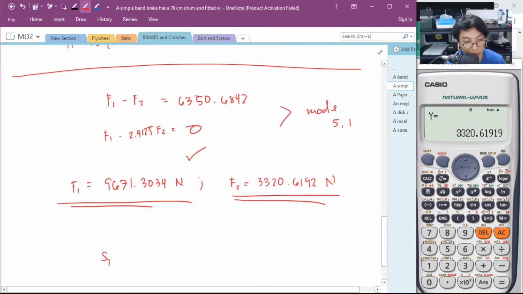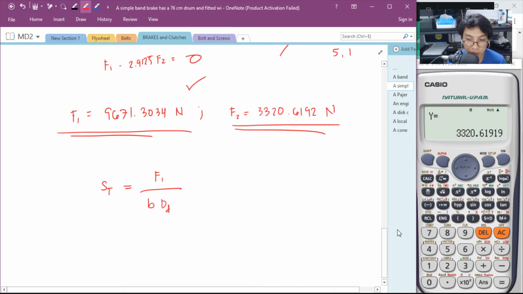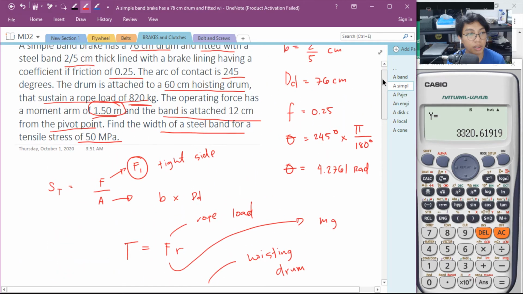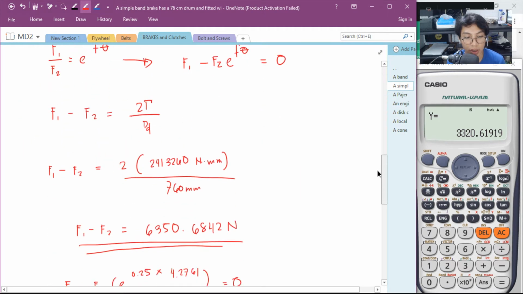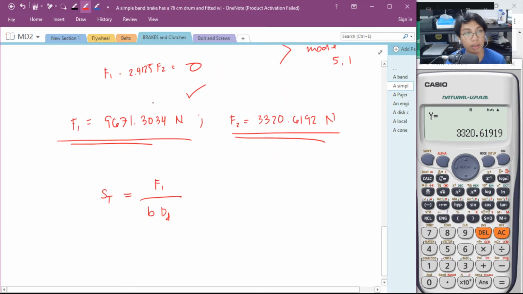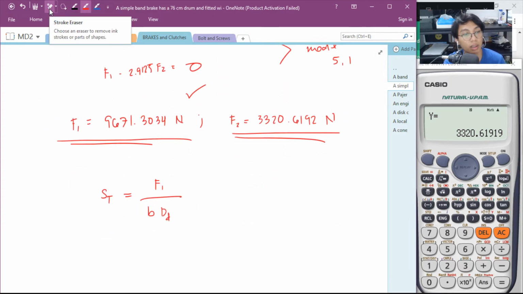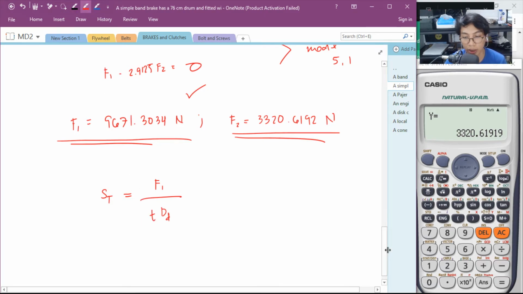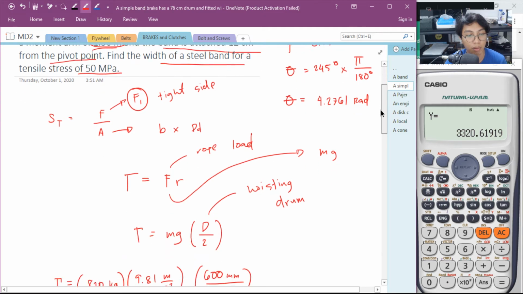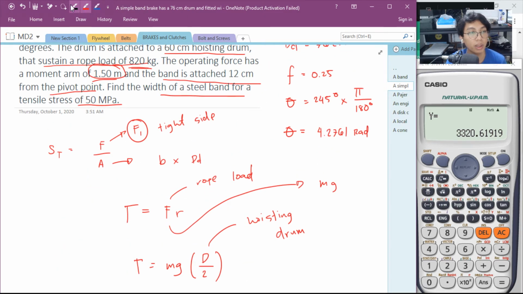Okay. Ito ang kailangan natin sa F1. Di ba yung tensile stress is equal to F1 over the diameter of the drum multiplied by the thickness? Thickness eh. Nakalagay dyan, thickness. T pala to, hindi B. Mali ako ng notation.